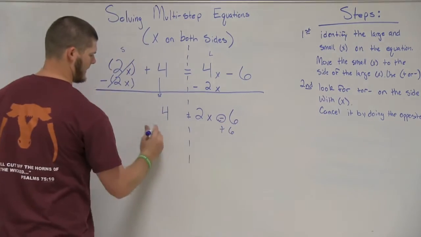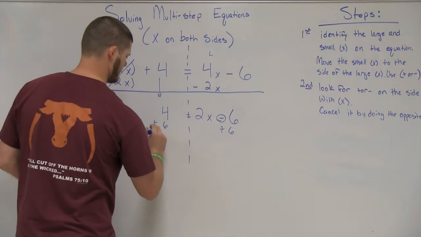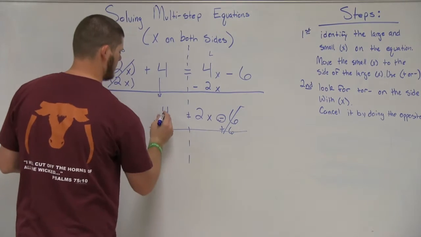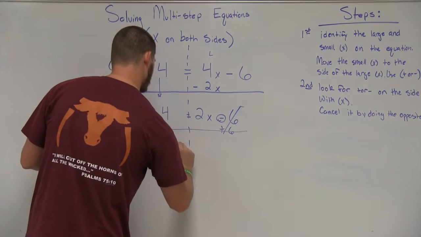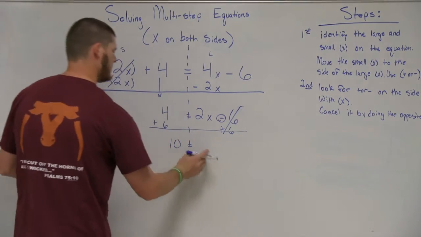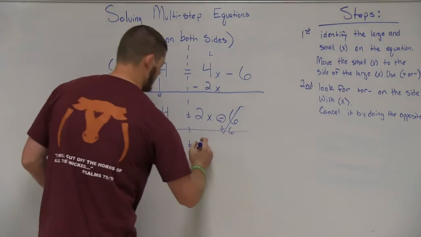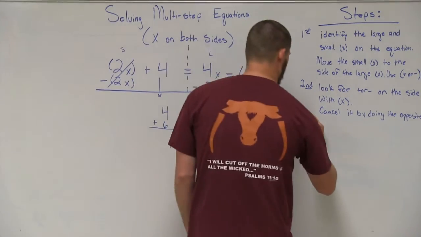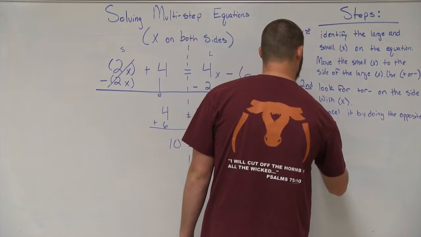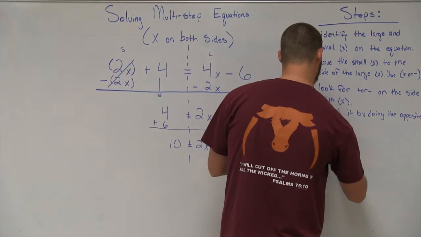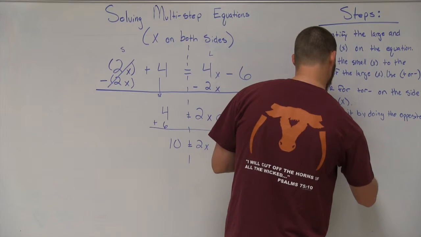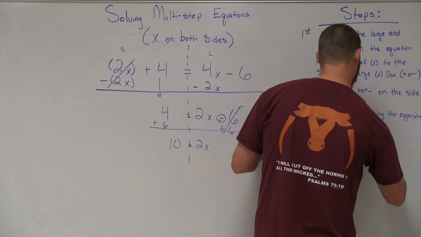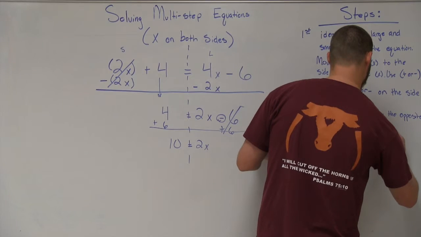What we do on one side, we do to the other. So our 6's cancel out. 4 plus 6 is 10. We bring down our 2x and go to our next step, which is now our third step, which is look for a multiply or divide on the side with x.